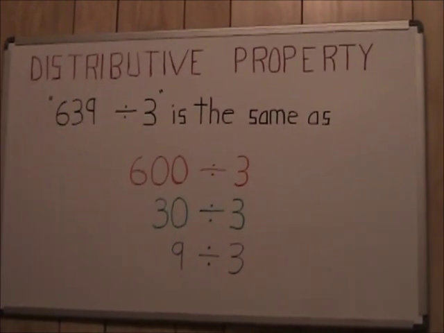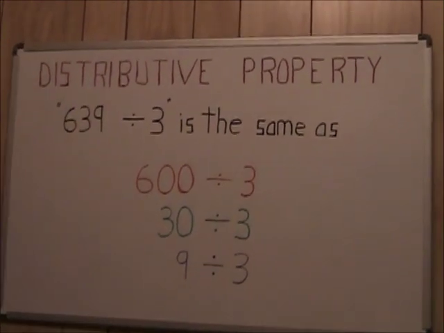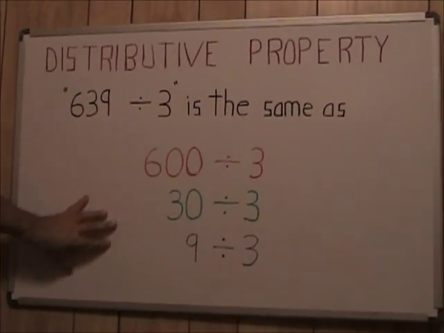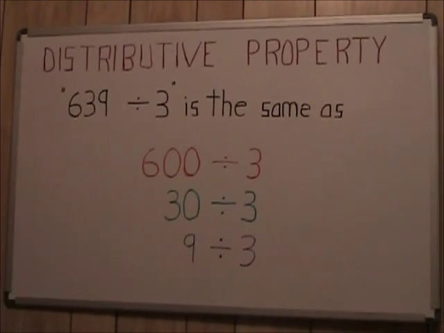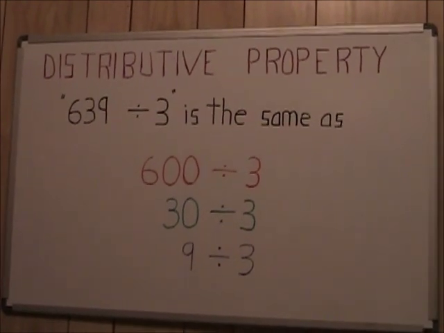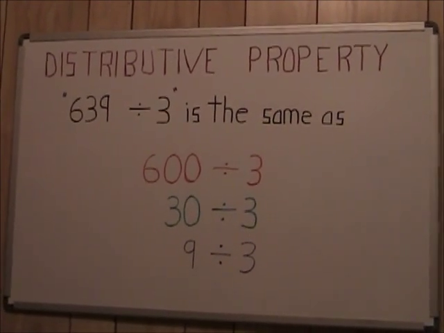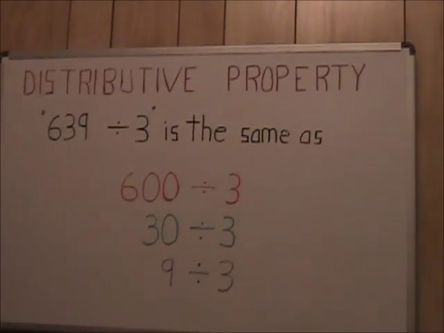You could divide the 30 by 3, and you could divide the 9 ones by 3, and then you could add all those quotients together to get your answer. So let's see how this would work out. Let's go ahead and work out these problems, first the traditional way, and then by using the distributive property.